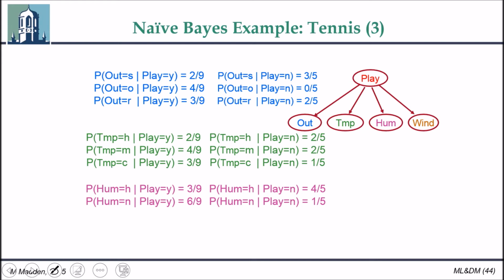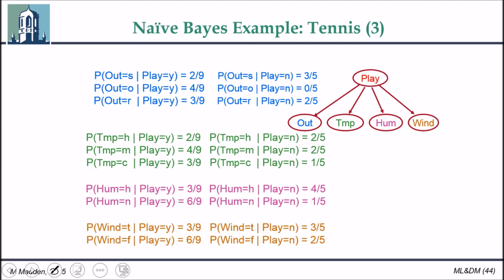So, having done all of these simple frequency estimates, that's all we need for our Bayesian classifier, except for one last thing, which is the overall probability with which I will play tennis or not. And the overall probability of which I'll play tennis is 9 times out of 14.